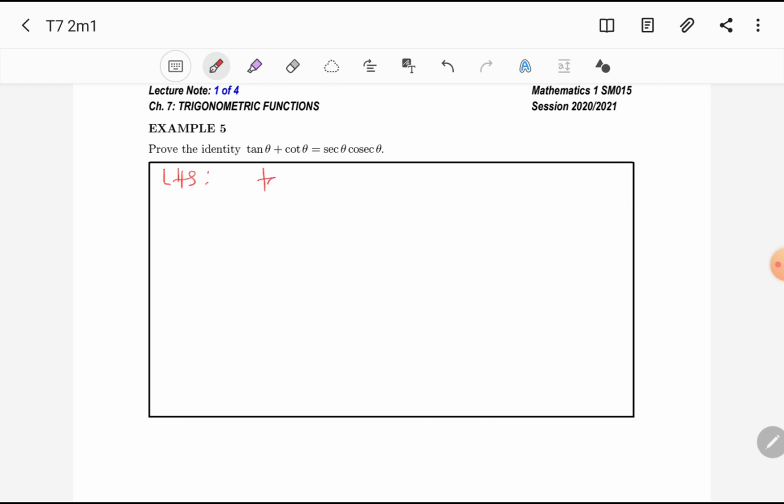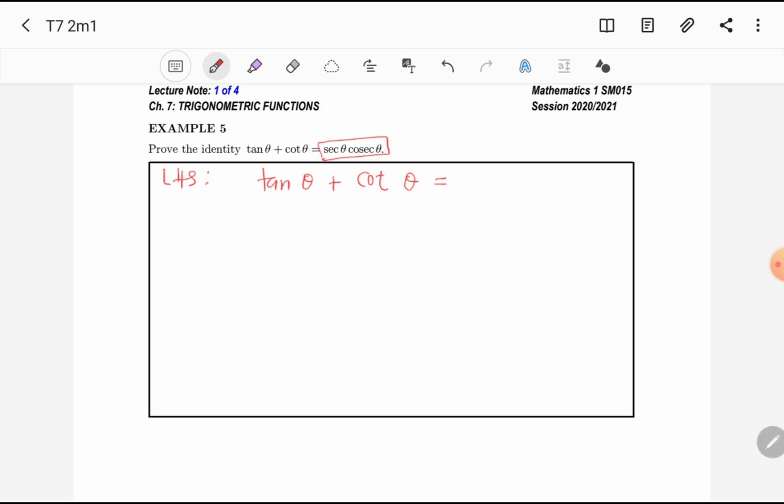We have tangent theta plus cotangent theta can be written as, okay, we ignore the right side punya expression tu, kita biar dulu.